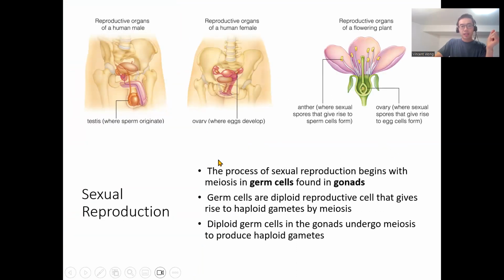So I'm just going to read this to you and explain some of the terms here. The process of sexual reproduction begins with meiosis in the germ cells that are found in the gonads. So what are germ cells? Germ cells are cells that are going to become the sperm and the egg.